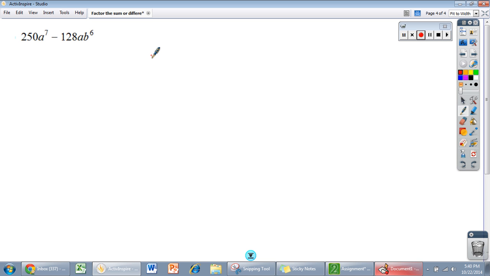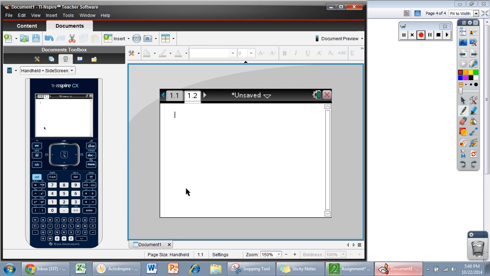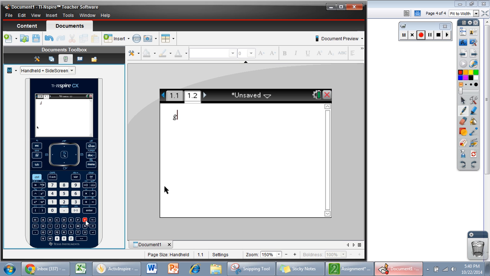All right, so first of all, let's see if there is a greatest common factor. I'm going to go back to my calculator, clear my screen, and see if there is a greatest common factor or divisor of my numbers, 250 and 128.